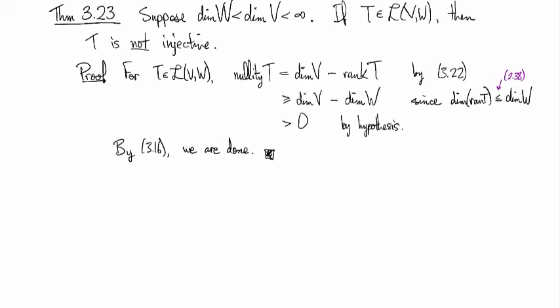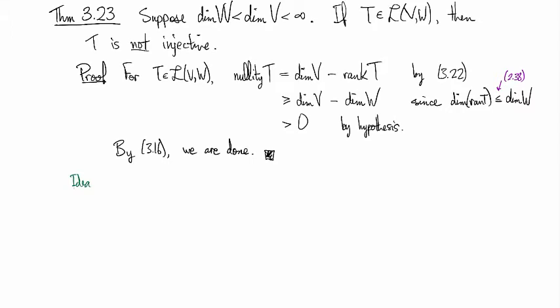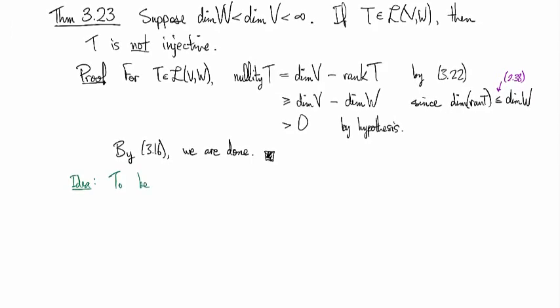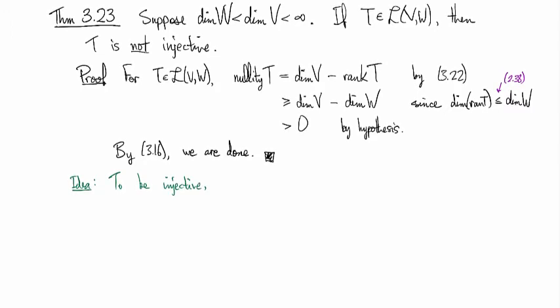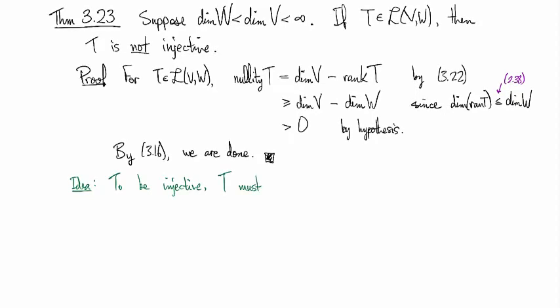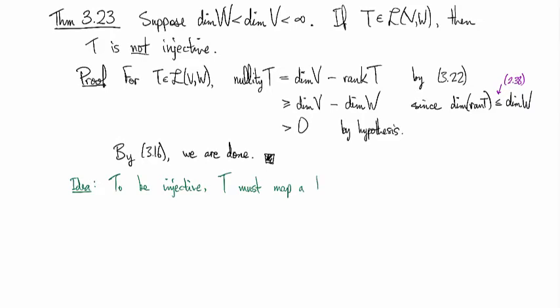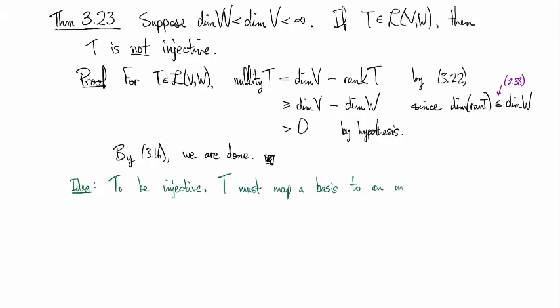Okay, so the idea that you should have in mind here when thinking about this result is that to be injective, look at what T does to a basis. T must map a basis to an independent set.